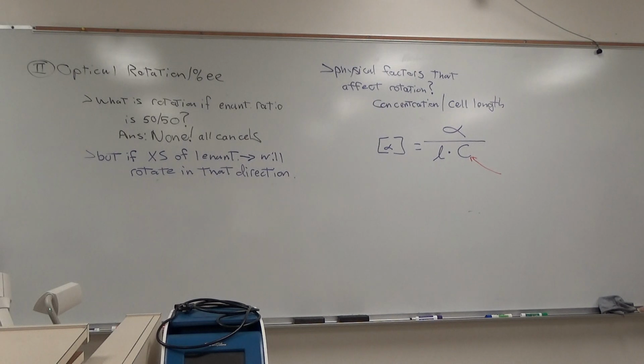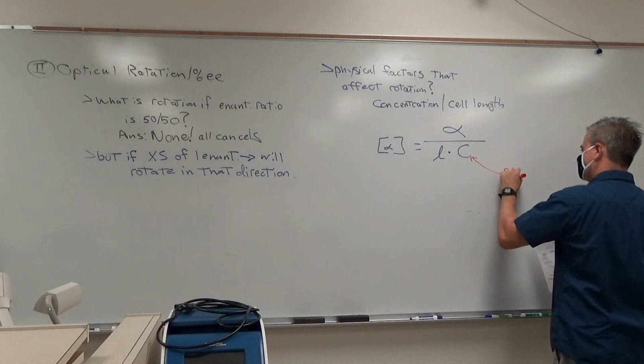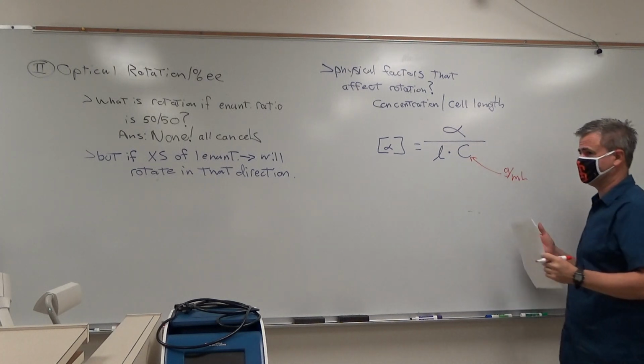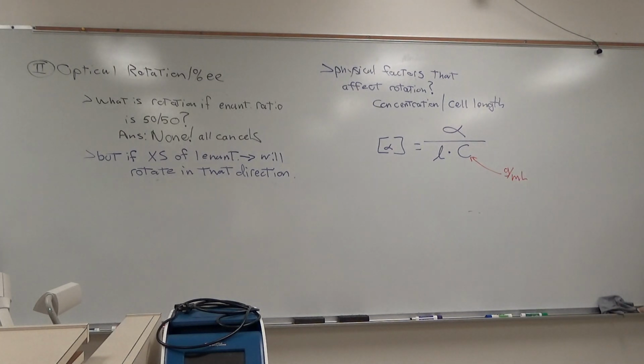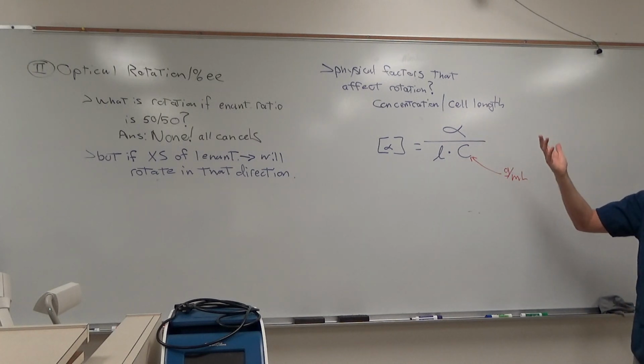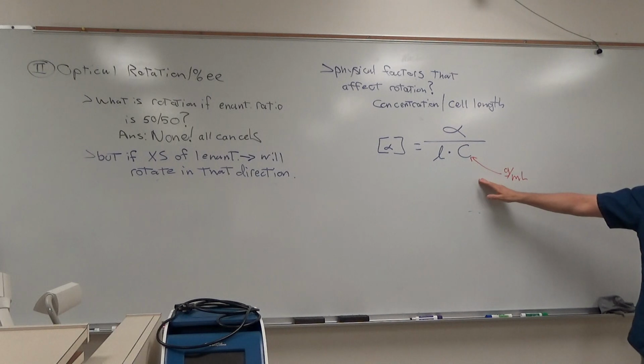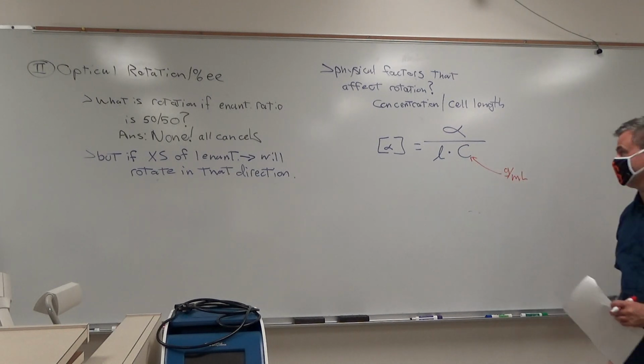It's not molarity, like we often use. It's grams per mL. There are different ways you can set this up, but you just have to make sure that whatever literature value you're comparing to is set up the same way, so that it's a reasonable comparison.